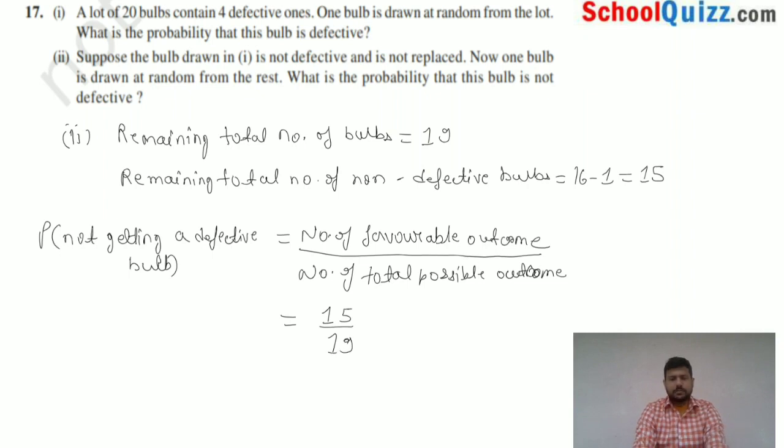So 15 by 19 is the probability of not getting a defective bulb. Now let's proceed to the next question, that is question number 18.